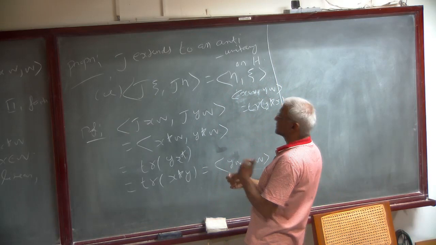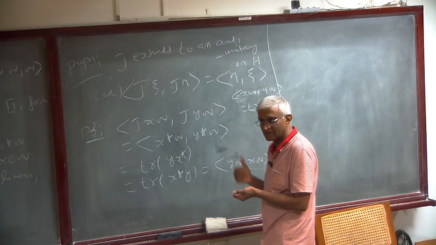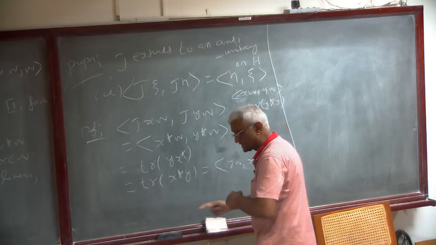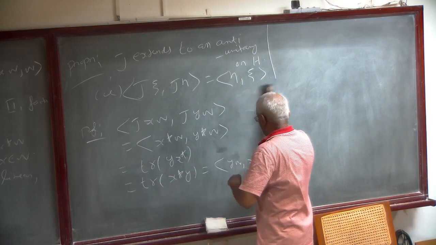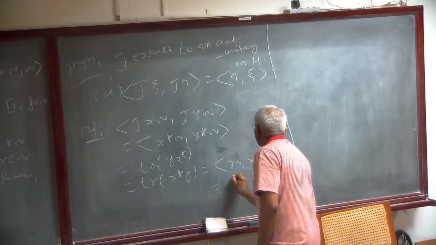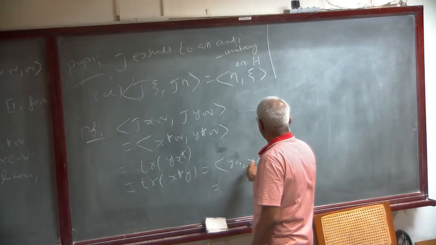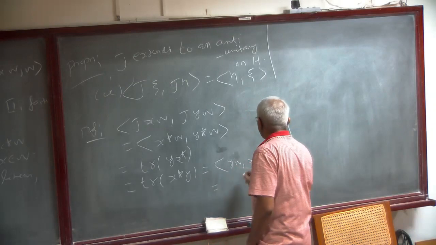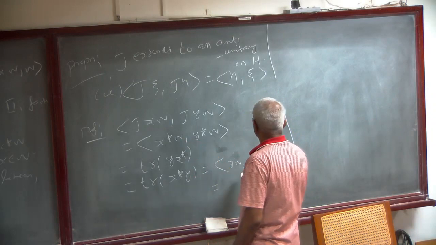This is how it is defined, so it's the same thing. So this is equal to y omega, x omega, and that is equal to y star omega, x star omega. So this is right, and that's what we want.